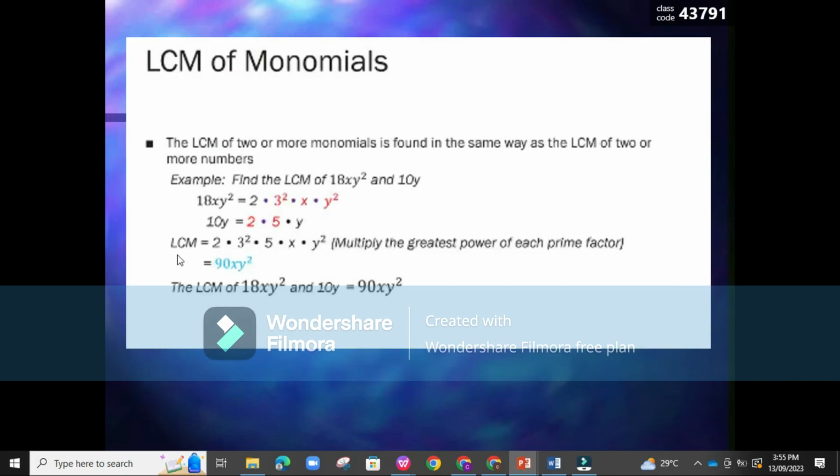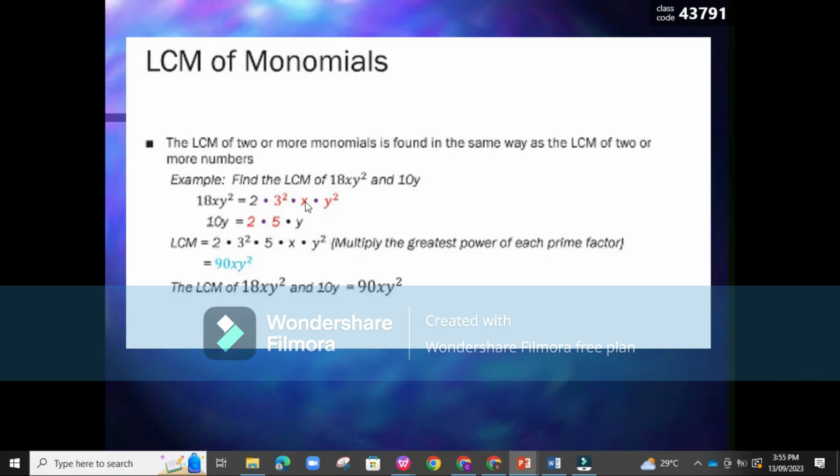Then, we are going to look for the least common multiple. Copy 2. Then these are common, so copy 3 squared, then times 5, then times x, then times y squared, because 2 is the highest exponent for y.